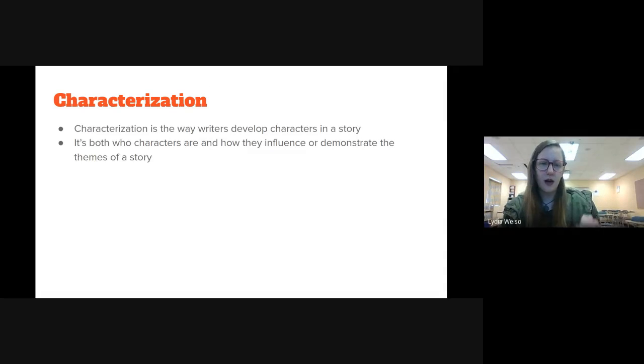It's both who the characters are in a story, but also how they influence or demonstrate the themes of the story. So it's both, this character is like a cranky old man, but also his characterization has to do with the theme of you're never too old to learn new things, something like that.